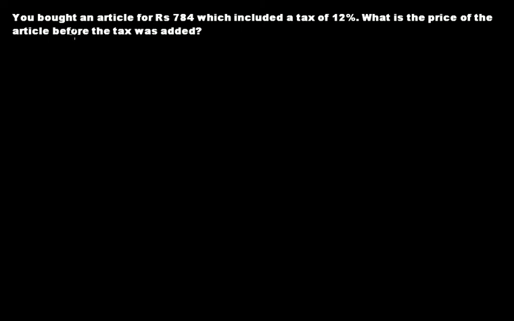Here we have the last problem, and it says you bought an article for rupees 784 which included a tax of 12%. What is the price of the article before the tax was added? It's exactly the same as this problem.